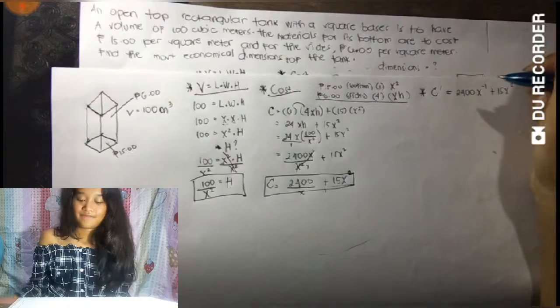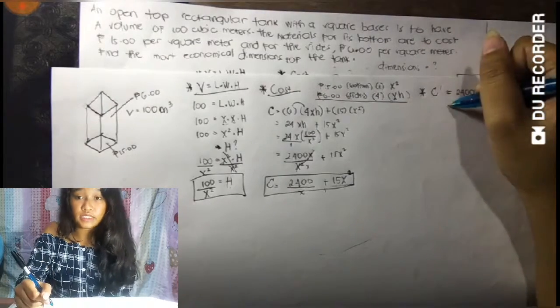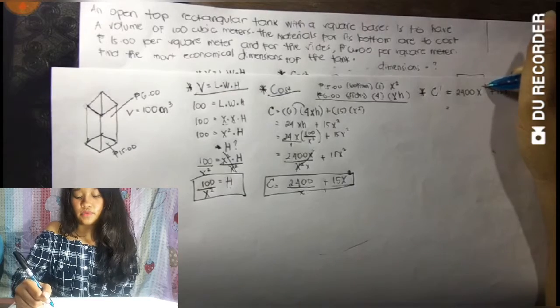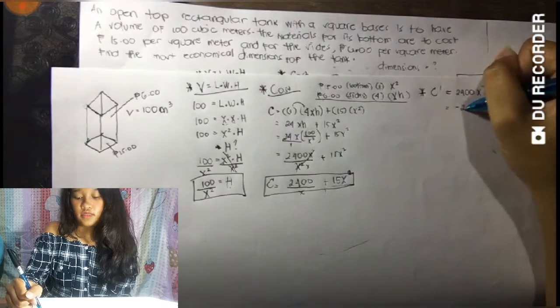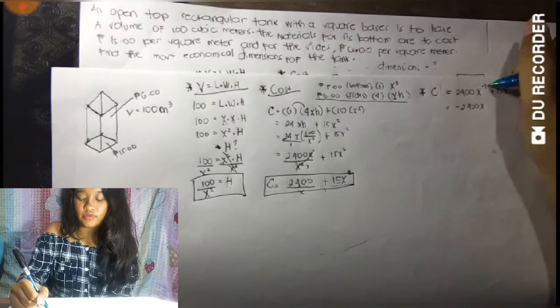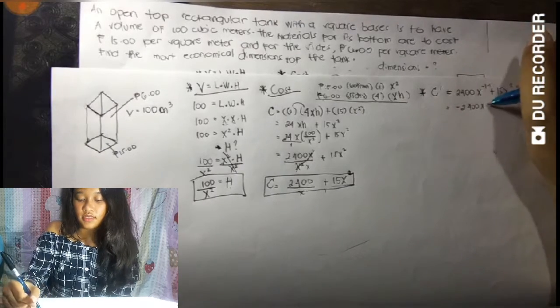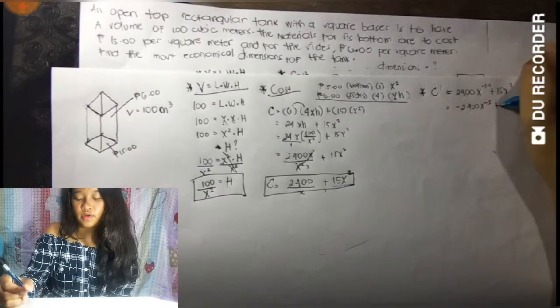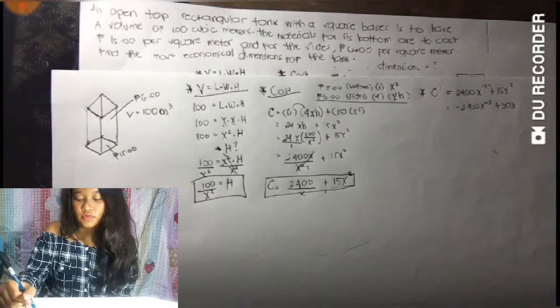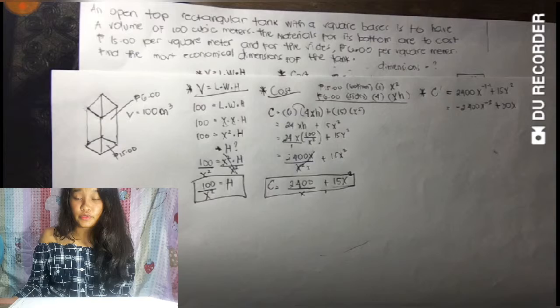And by doing this, it will be a bit easier for us to have the derivative of these values. And it will become negative 1 times 2400, negative 2400x, negative 1 minus 1 will be x to the power of negative 2, plus 2 times 15, 30x.